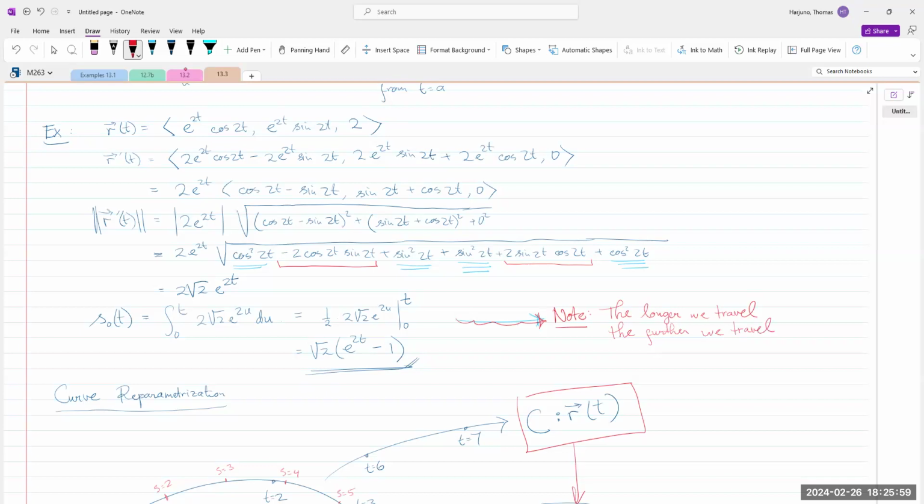In other words, as t increases, our distance traveled also increases, so S(t) must be a one-to-one function.